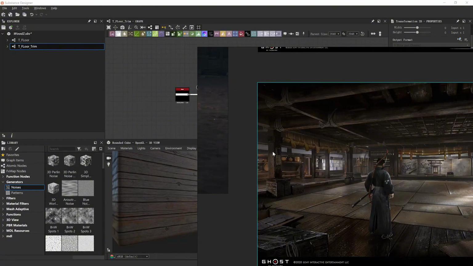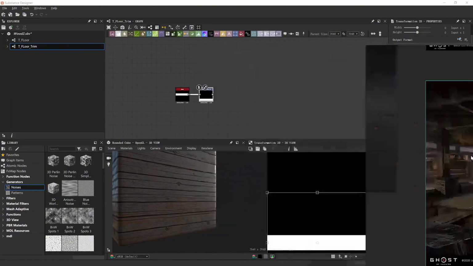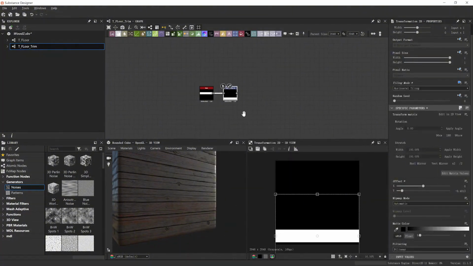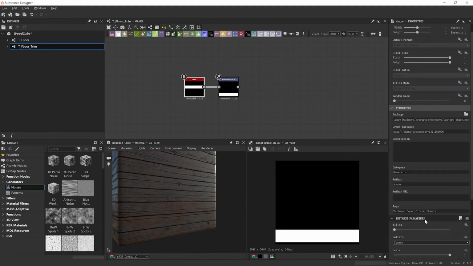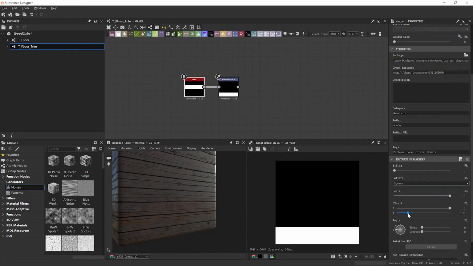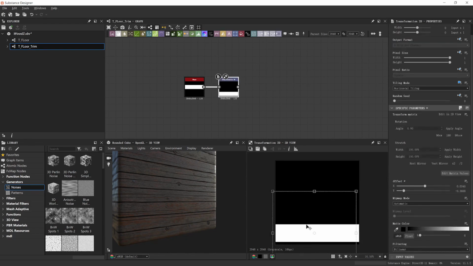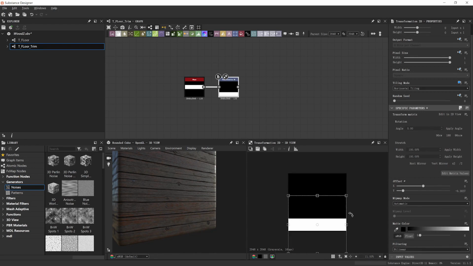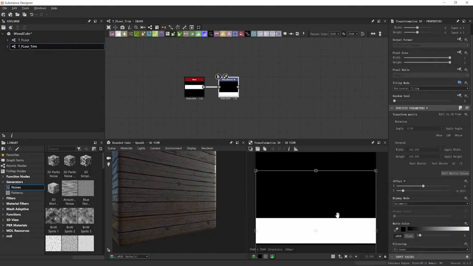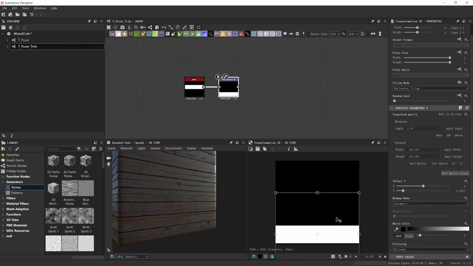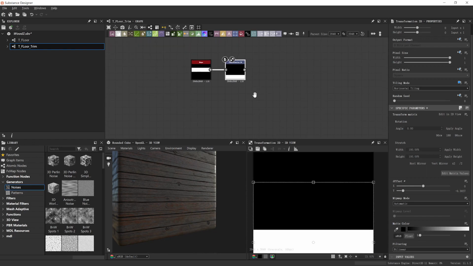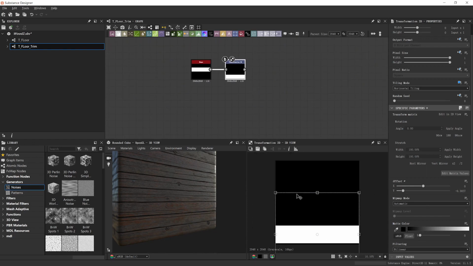Let's plan A. Wider one. Make this wider. For example, this wide. Let me see. This width is almost perfect.